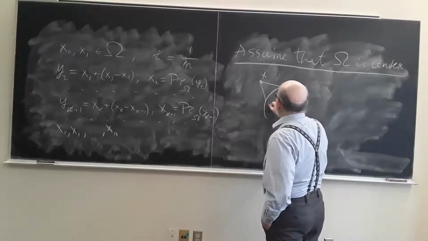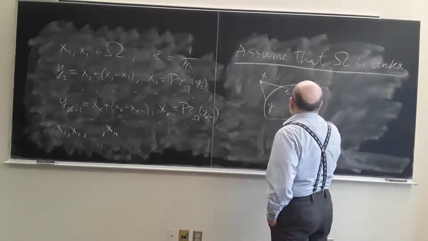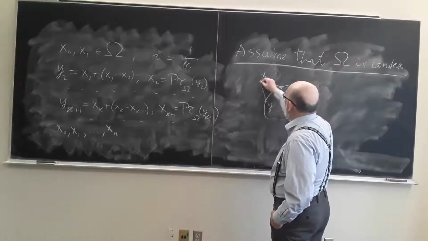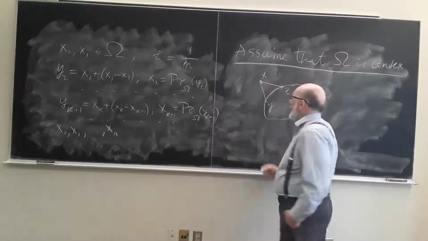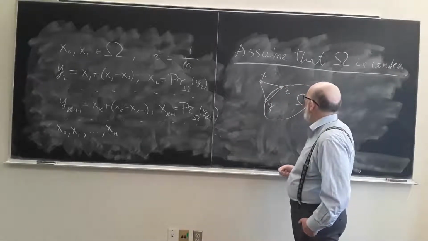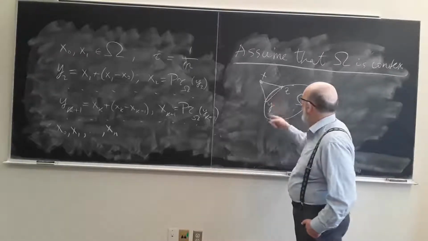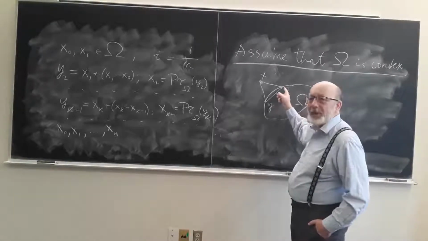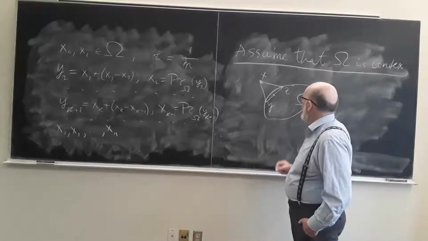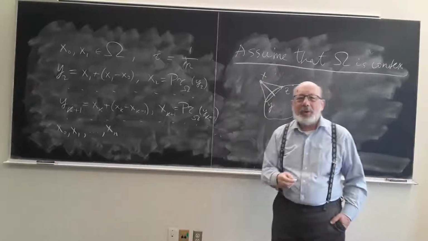2 points y and z, and this is omega, which are closest, so the distance to y and the distance to z are equal, then we can take this segment between y and z. It is completely inside omega because omega is convex, and take the midpoint, and the distance to the midpoint is smaller.